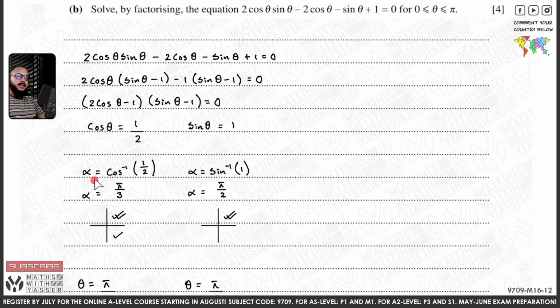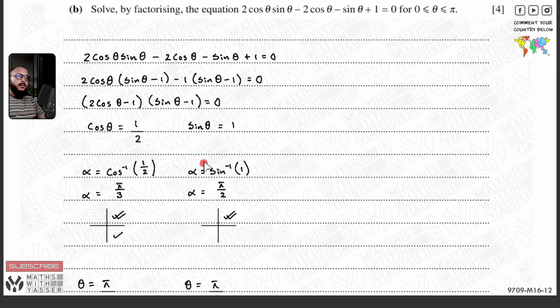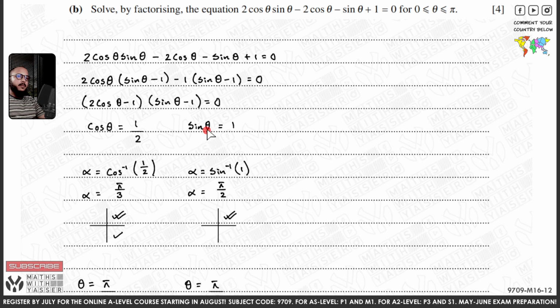Now let's find the basic angle. The basic angle is cos inverse of half, which gives us pi by 3, and the basic angle of this will be sine inverse of 1, which is pi by 2. Now, we know that theta lies between 0 and pi.